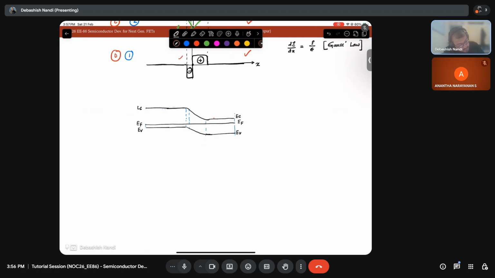So this line is the junction, the metallurgical junction, and these blue lines are the depletion edges. Fine. This is my EC. So I want to calculate the band bending. So let us draw EI as well.